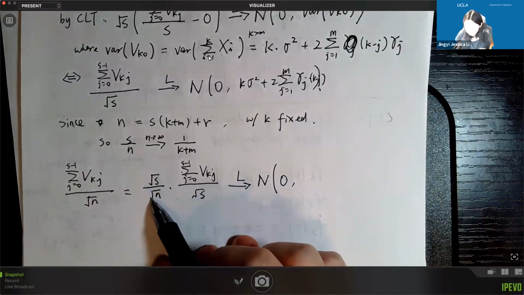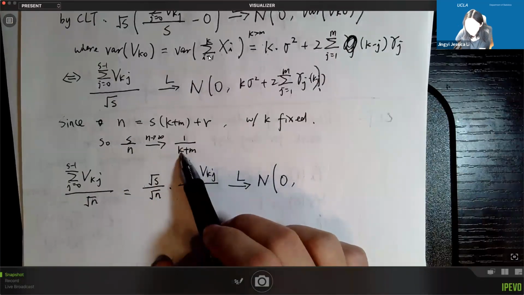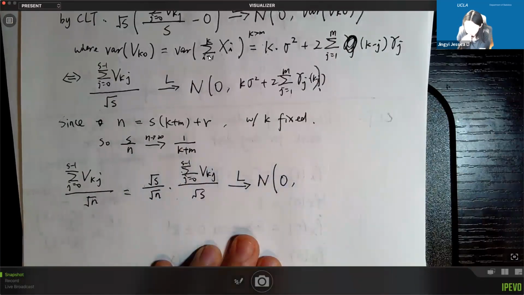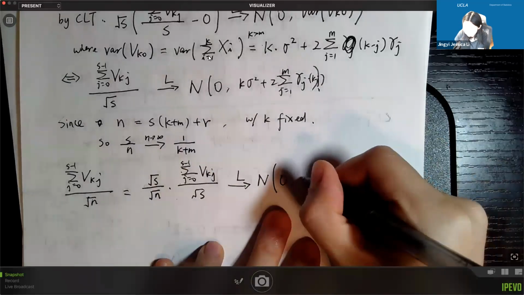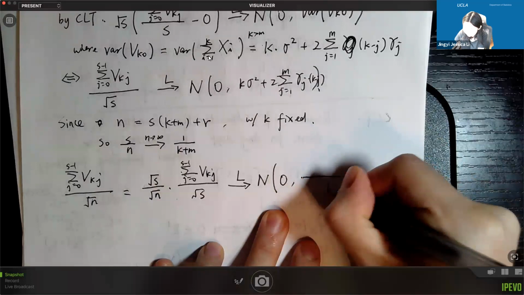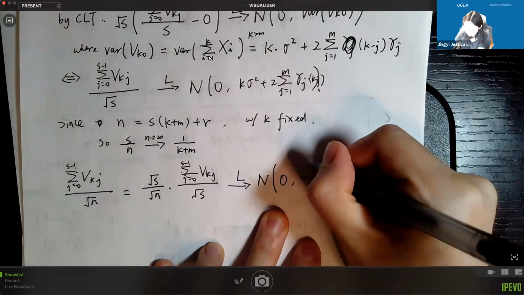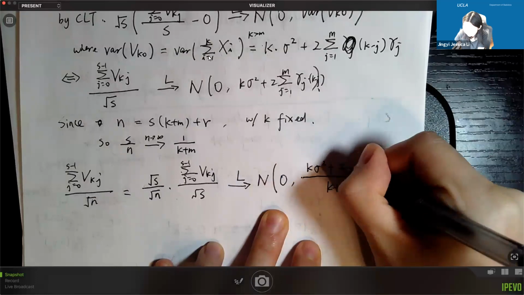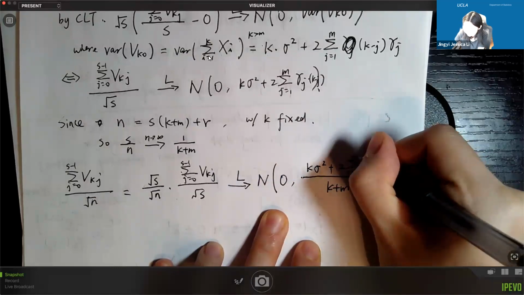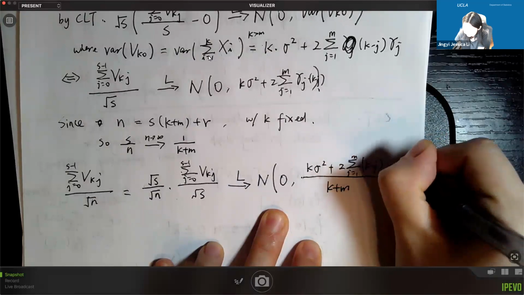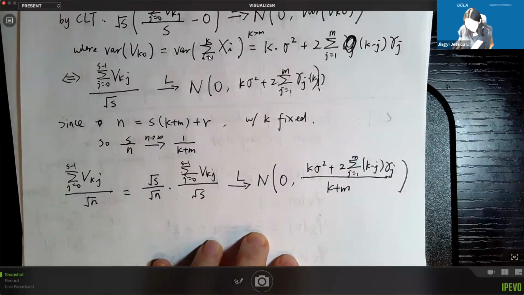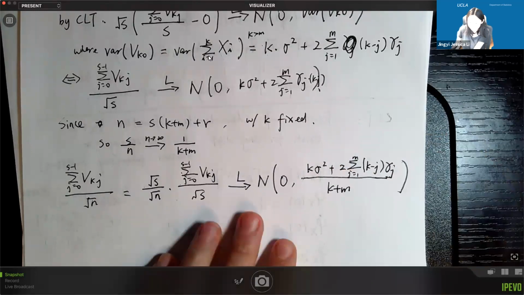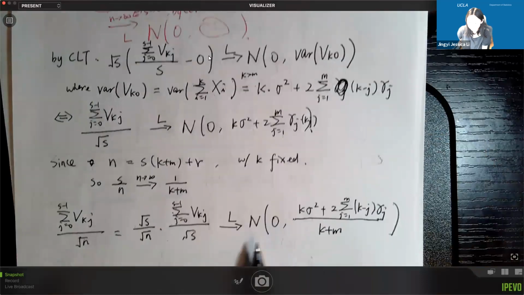The limit of the square is 1 over k plus m squared. So I need to have this k plus m, and then I have k sigma squared plus 2 times the sum over j from 1 to m of k minus j, gamma j. That's it. So this is basically my limit for Z_n,k.